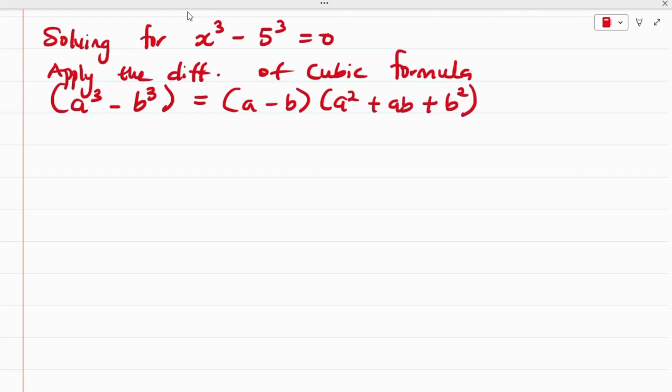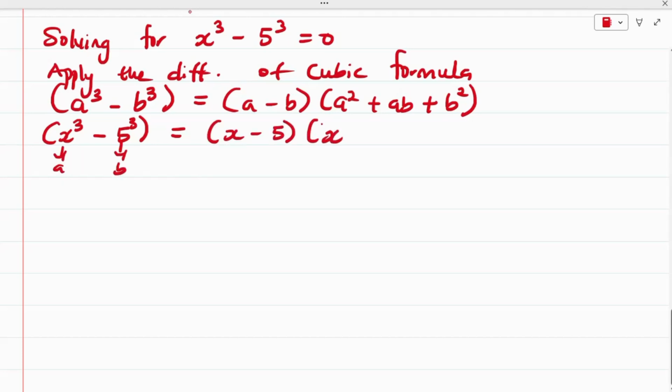Okay, so applying this formula right here, for x raised to the power of 3 minus 5 raised to the power of 3, we have x to be a and 5 to be b, so this becomes x minus 5 into x square plus a, which is x, multiply b, which is 5, plus b square, which is 5 square.